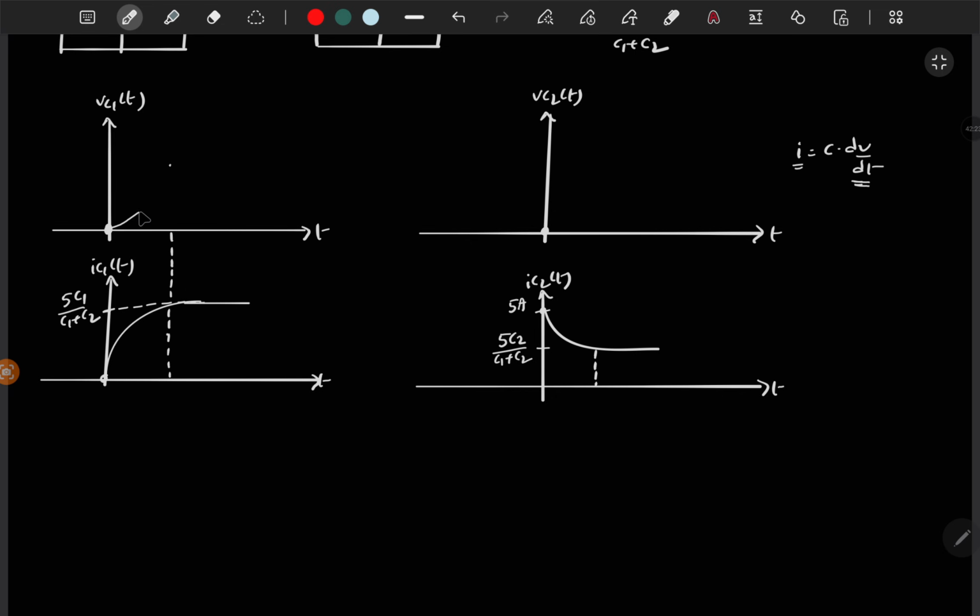So approximately this is how the voltage waveform looks like. Till this point, the slope is lower here and the slope is higher there.